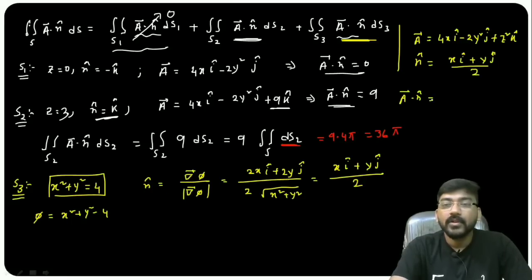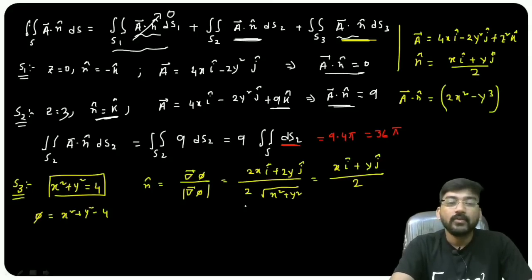It will be this into this, i cap dot i cap equal 1, so 4x into x by 2, so it will be just 2x square, and y by 2 into minus 2y square, that means y cube, so it will be 2x square minus y cube.